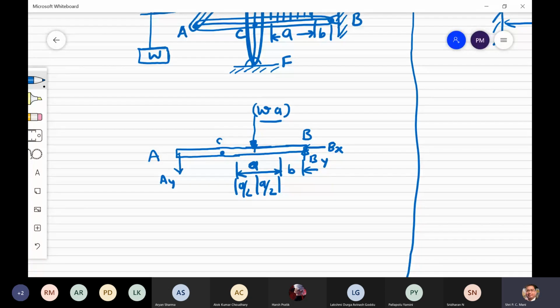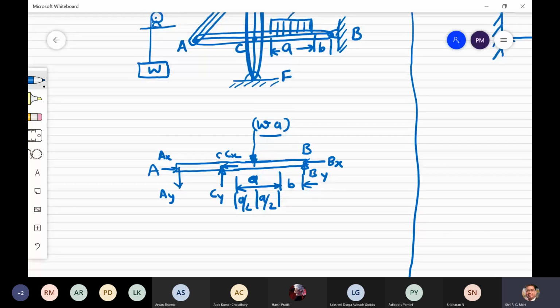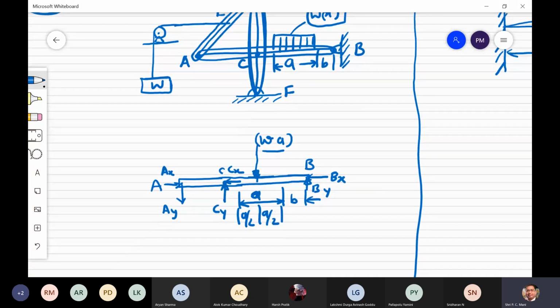This one is Ay, this one is Ax. Similarly, we will get Cy and Cx. So that is the first free body diagram, where you are using this concentrated load Wa.